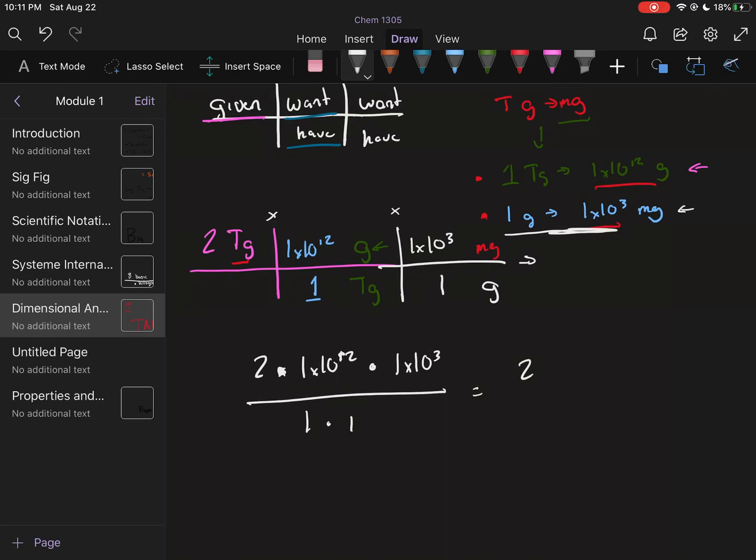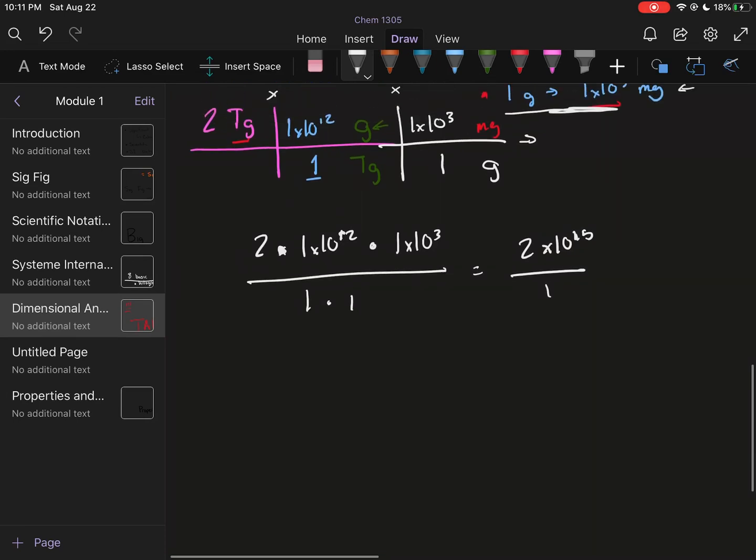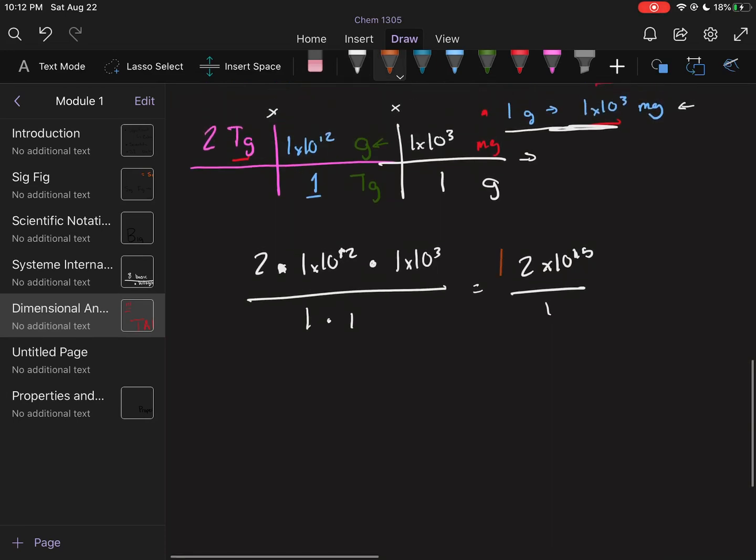That gives us 2 times 10 to the 15th. Just use your calculator for this part. This is why you need that scientific calculator. Yeah. That's basically the fundamentals.